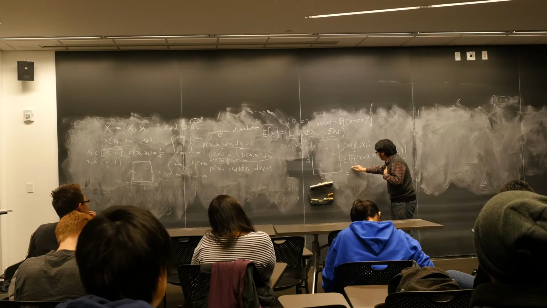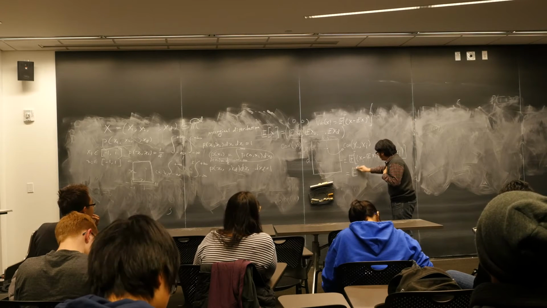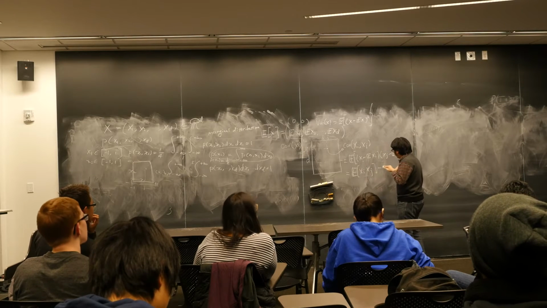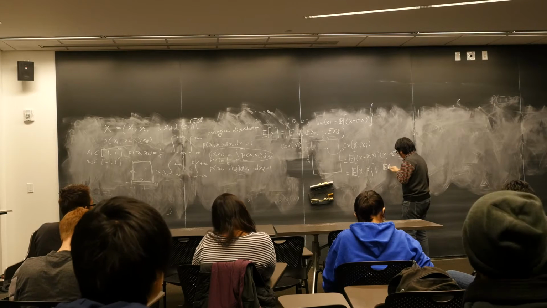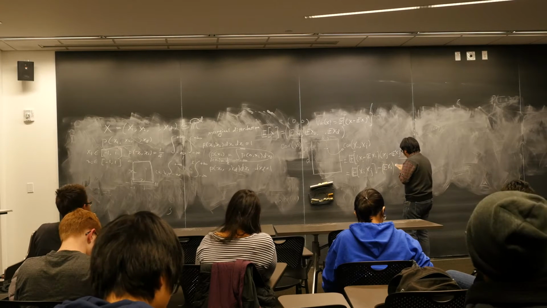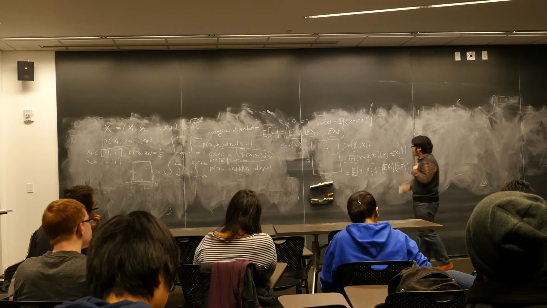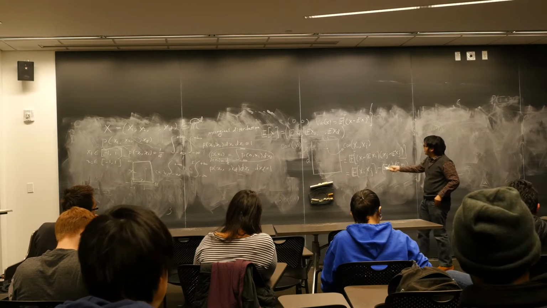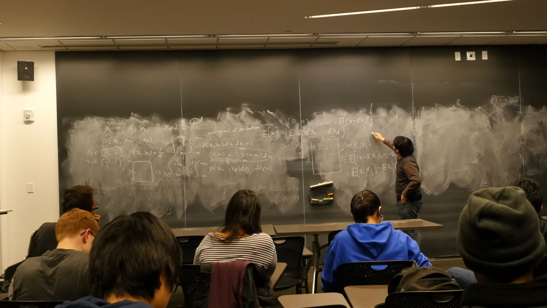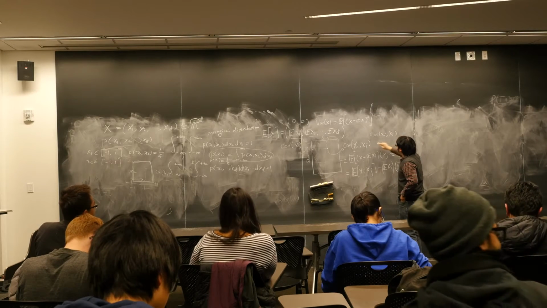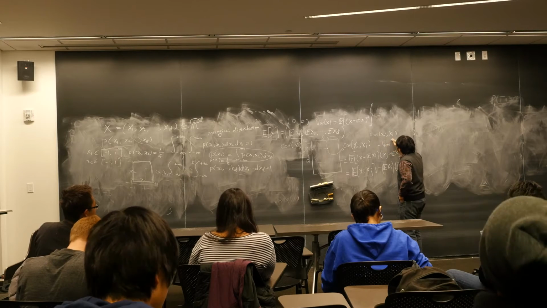Alternatively, we can write this as the expectation of xi xj minus the product of the expectations. And you can see if i is equal to j, then the covariance of xi and xi itself will be just the variance of xi.